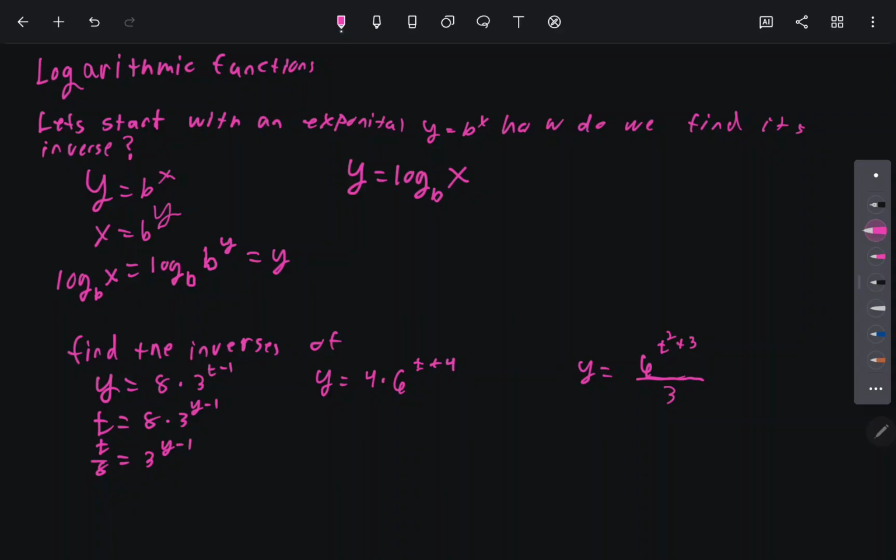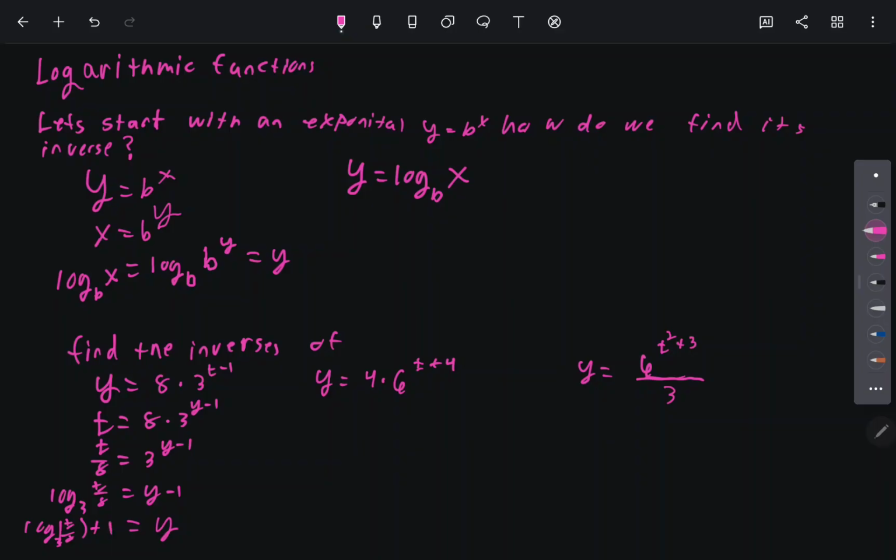Now we can take the log base 3 of both sides. So log base 3 of t over 8 is equal to y minus 1. Remember, log base 3 is going to be undoing this term, this constant, and just bringing down the y minus 1. So what we're going to be left with is y is equal to log base 3 of t over 8 plus 1.